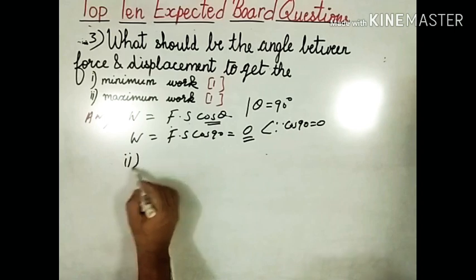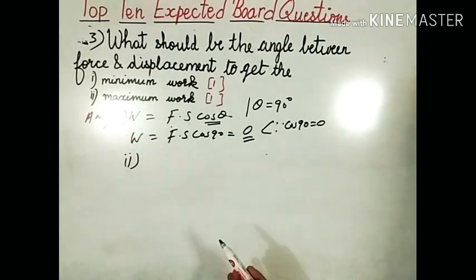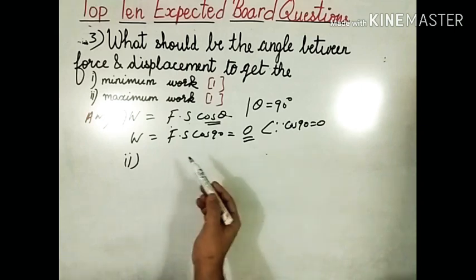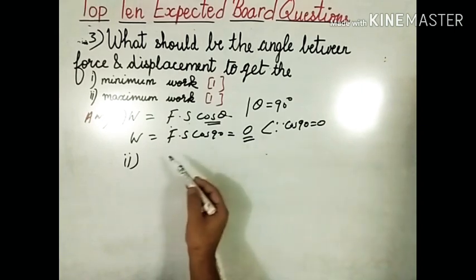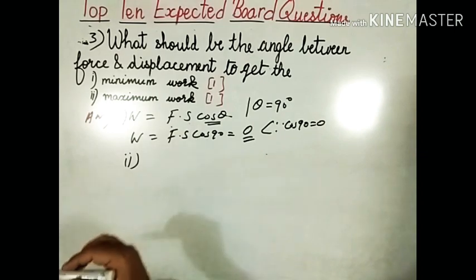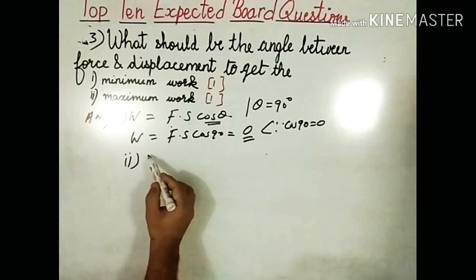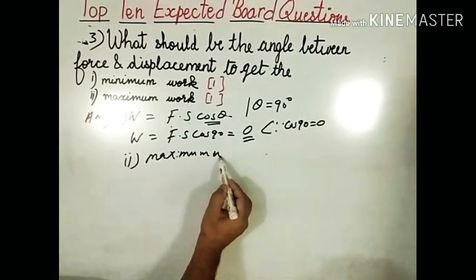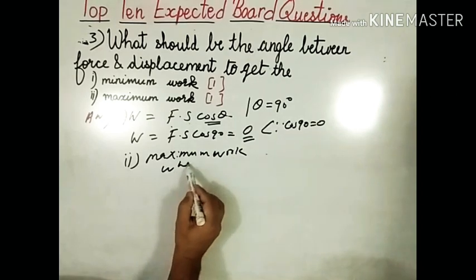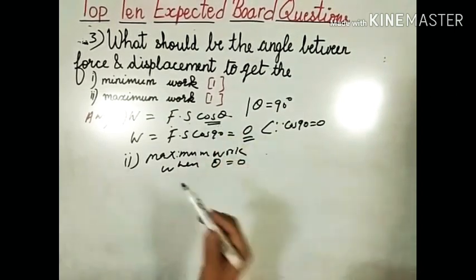And second part, to get the maximum work, the angle between force and displacement should be 0. So we can get maximum work when theta is equal to 0, because cos 0 is 1.